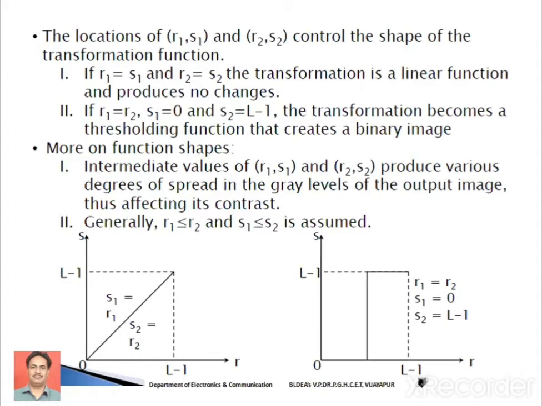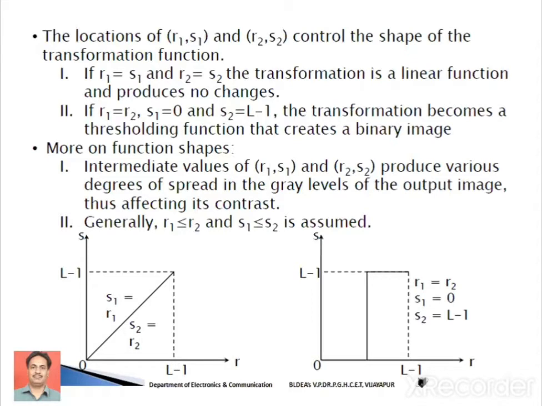If R1 equals S1 and R2 equals S2, the transformation function becomes simply a linear transformation and it does not produce any change. And if R1 is equal to R2, S1 equals 0 and S2 equals L minus 1, it will produce a thresholding function whose output is a binary image.